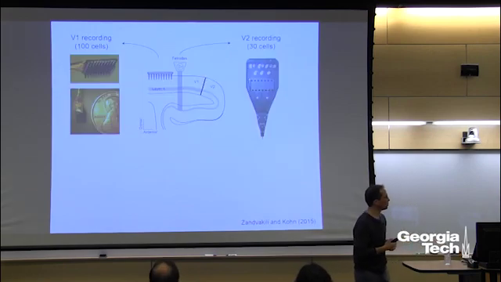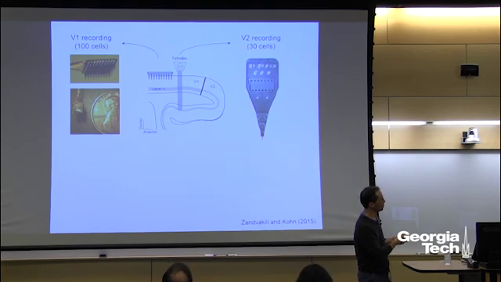So what we do to record from V1 and V2 is we anesthetize animals. We implant them with recording devices, which are shown here. In V1, we place what's known as a Utah array. So this is a grid of 100 electrodes, 1 millimeter in length, which we insert into the superficial layers of V1. And then at the same time, we lower a system of tetrodes through V1, through the white matter into V2.